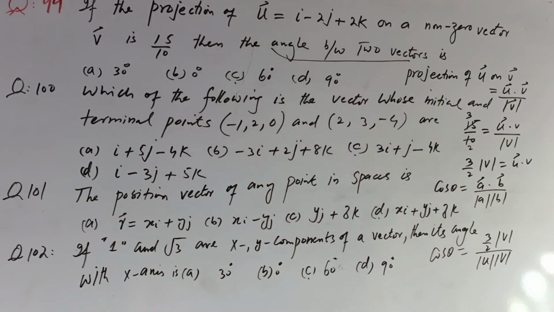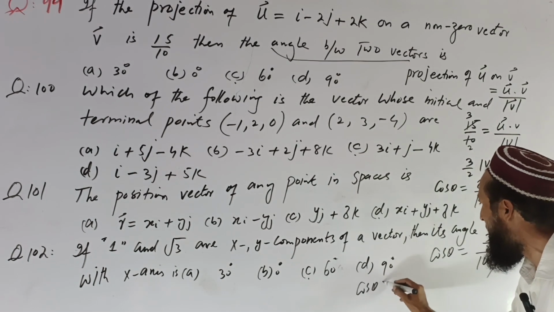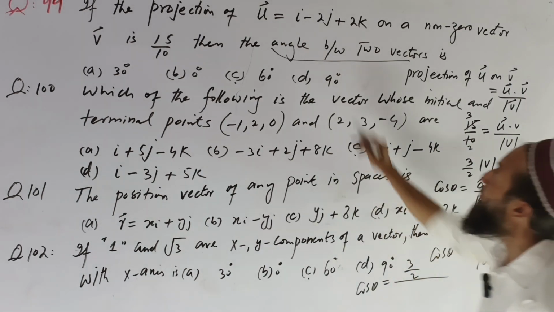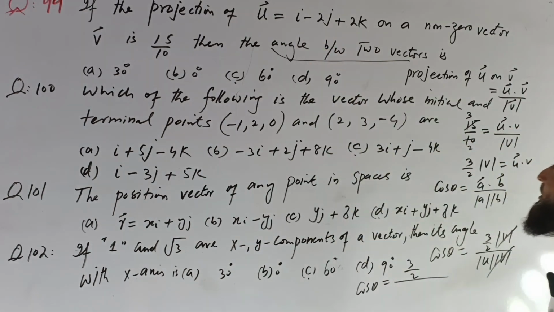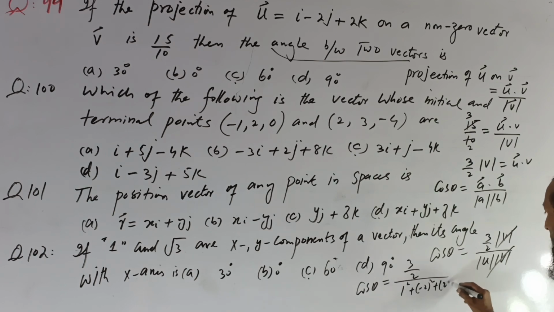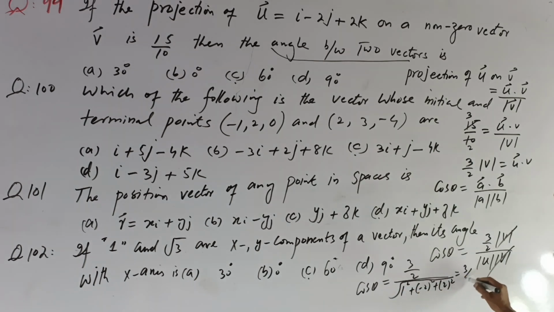Both cancel in here, so we get cos theta is equal to 3 divided by 2 u magnitude, where u magnitude is the square root of 1 square plus minus 2 square plus 2 square.